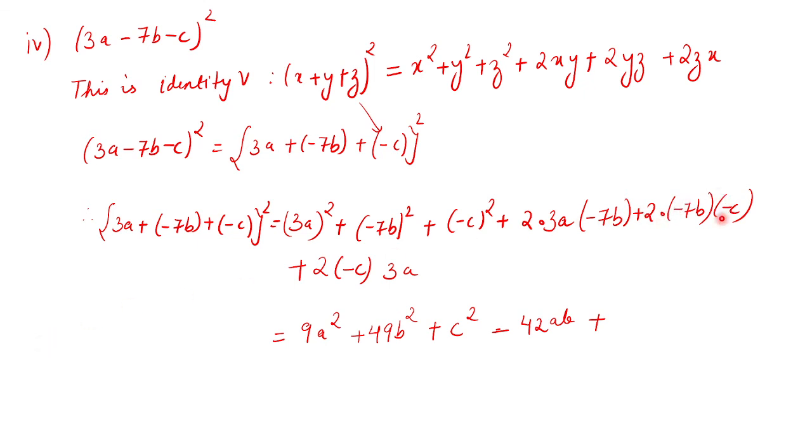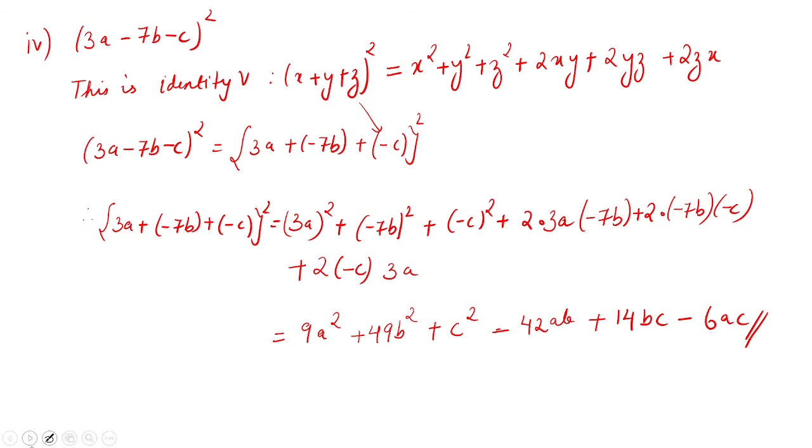Minus into minus will become plus. Clear? So plus into plus becomes plus itself. So this becomes 2 into 7, 14. B into c becomes bc. Clear? Now you look at this. Minus into plus becomes minus. 2 into 3, 6. A into c, ac. Clear? This is the answer.